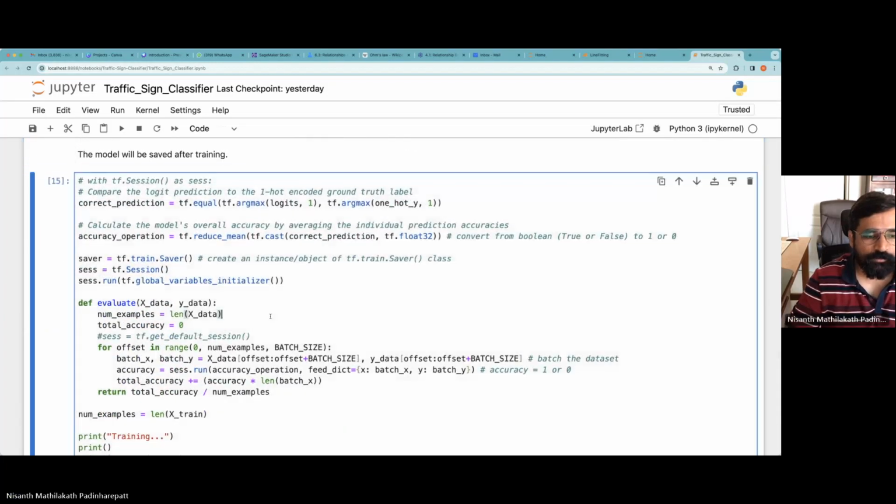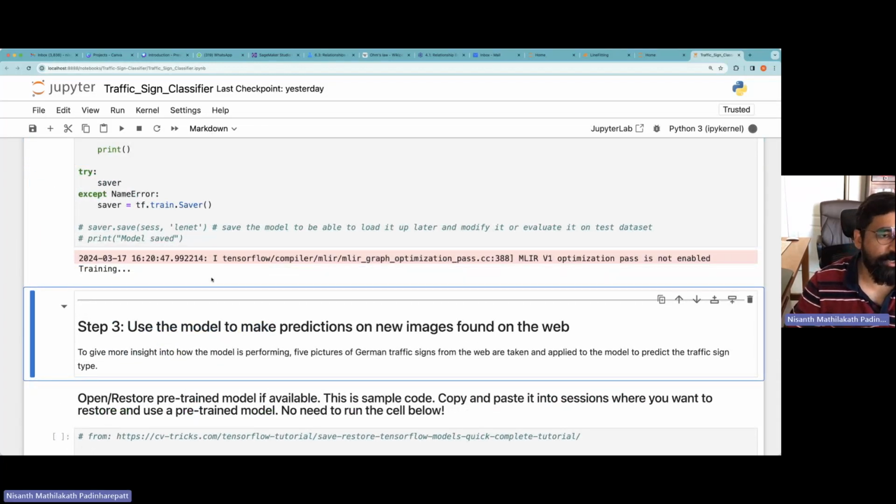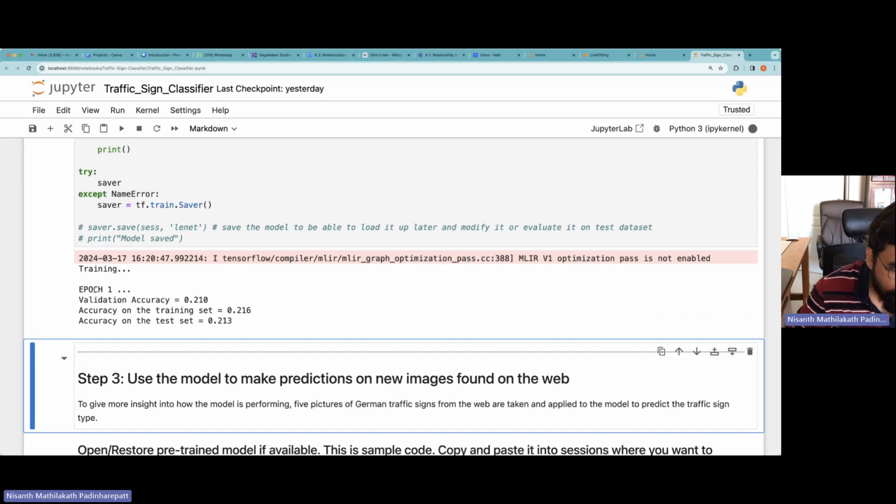Now this is a training step. Here, the optimization, right? Tuning the parameters. That is what is happening now. It will take some time because you saw, right, around 12,000 images are there. So this is one iteration.